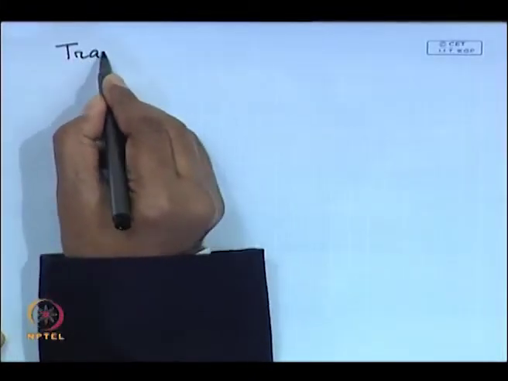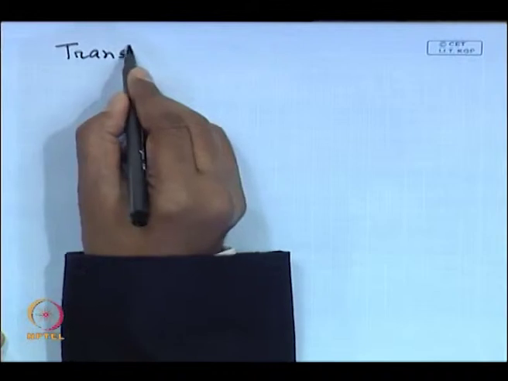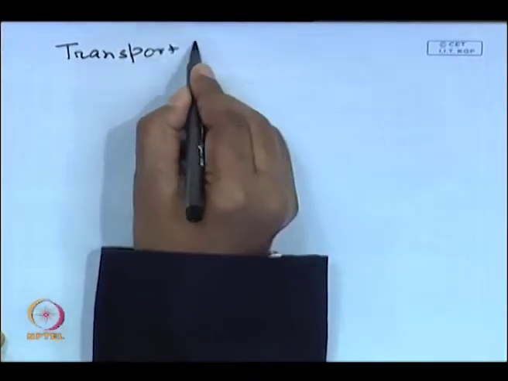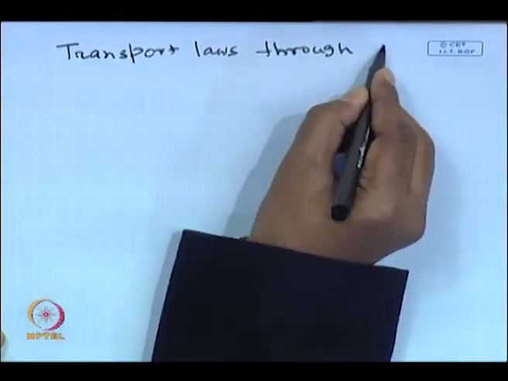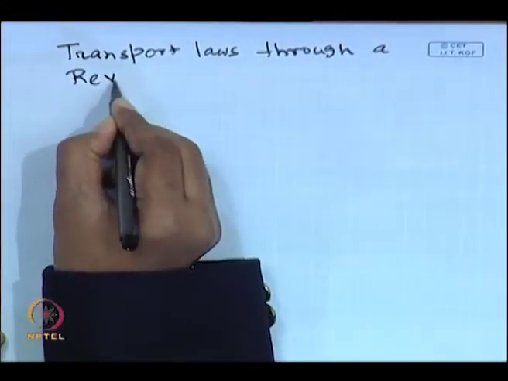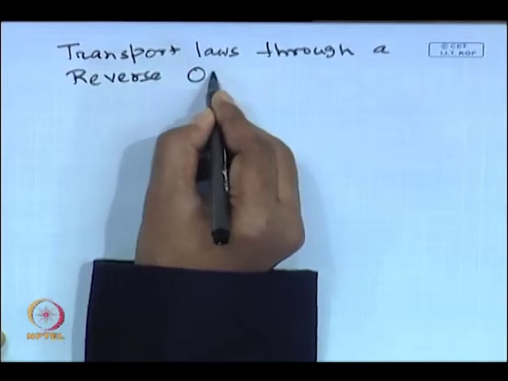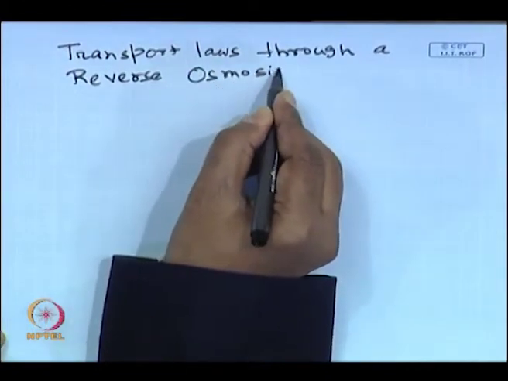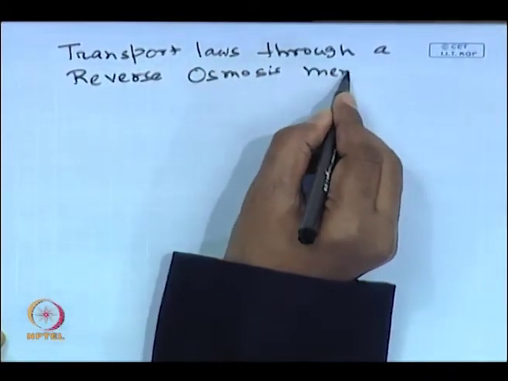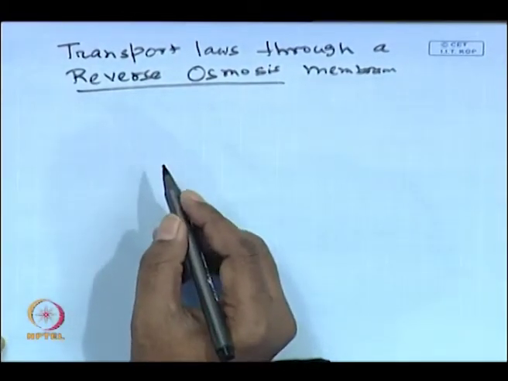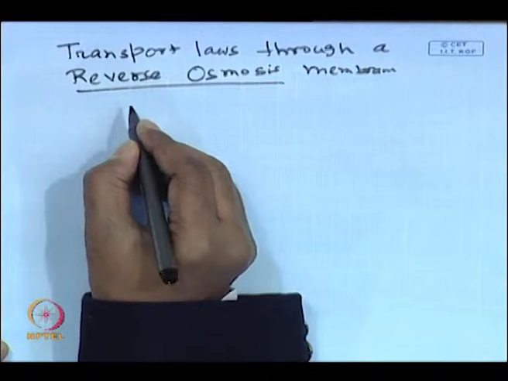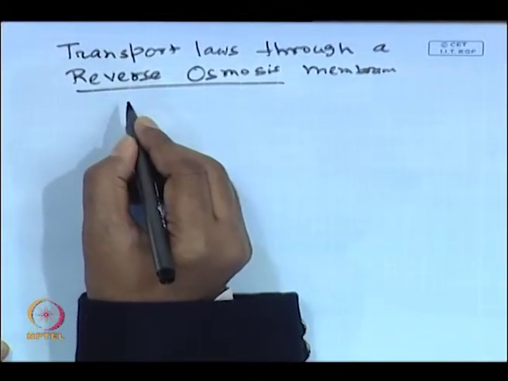Okay. Now, osmotic pressure becomes very important as far as the transport in reverse osmosis is concerned. Now, we will look into the transport rates or transport laws through a reverse osmosis membrane. First, we talk about the transport of solvent and solute both.